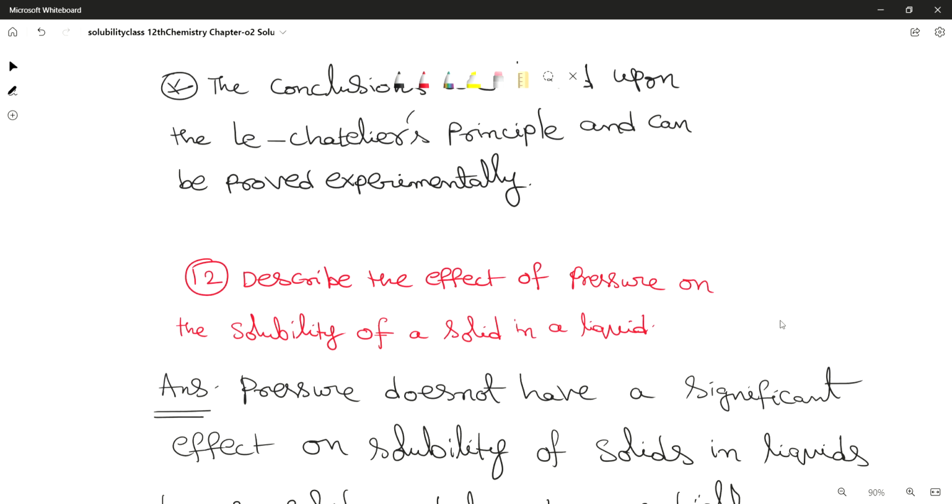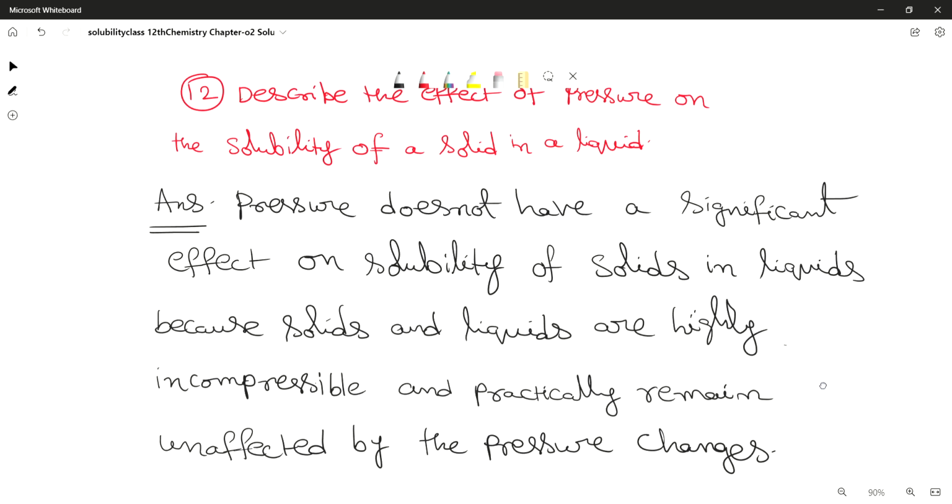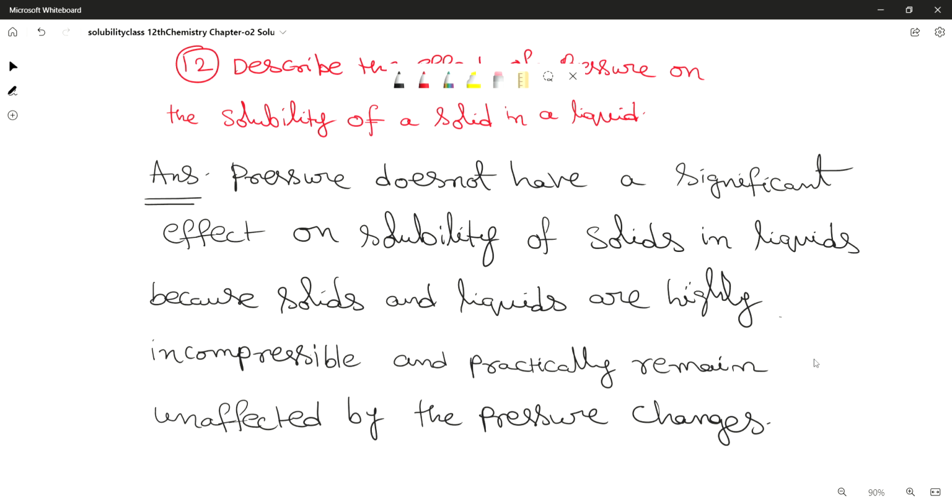Describe the effect of pressure on the solubility of a solid in a liquid. Remember that this is meant for the solubility of a solid in a liquid. Pressure does not have any significant effect on the solubility of a solid in a liquid. Please understand it is for a solid in a liquid, not for a gas in a liquid. For a gas in a liquid, pressure has a tremendous effect.